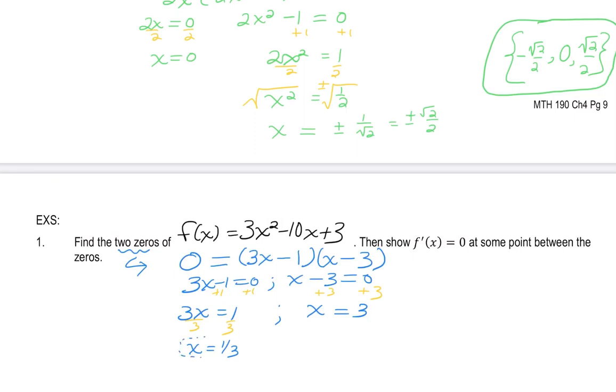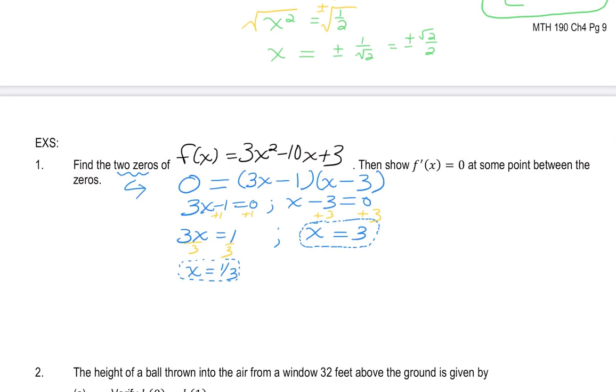Then it says to show, and so it doesn't say we actually have to find it, but it says to just show that f prime has to equal 0 at some point in between those two zeros. Okay, so let's say, because f of x is a nice polynomial, happens to be a quadratic or a parabola, it is continuous on the closed interval from 1/3 to 3.